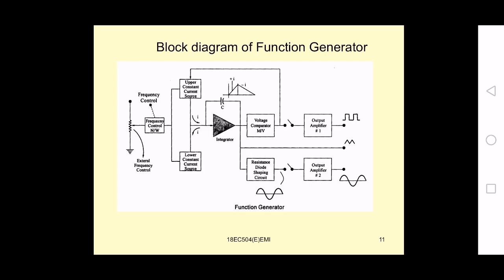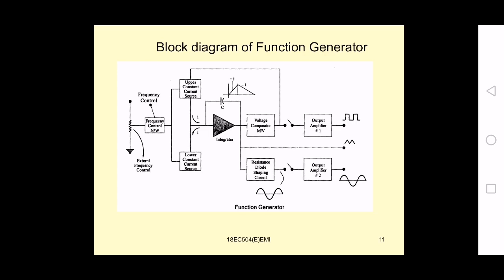All these waveforms are produced with less than 1% distortion, so that is the necessity of the signal generator. So this is the block diagram of the working of the function generator.